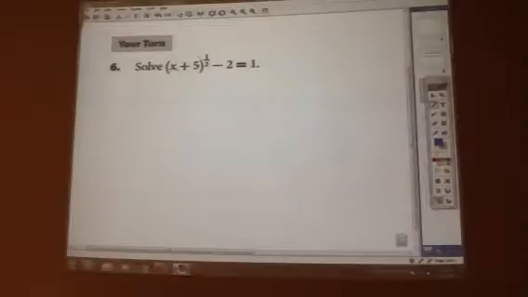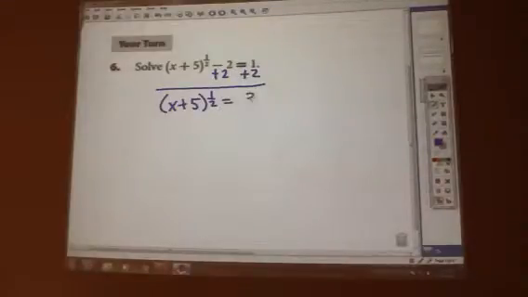We're wanting to get that by itself because we're trying to solve for x equals, just like you do in an algebra problem. So we want to get rid of the minus 2. So we're going to add 2 on both sides, which will give me x plus 5 to the 1/2 equals 3.